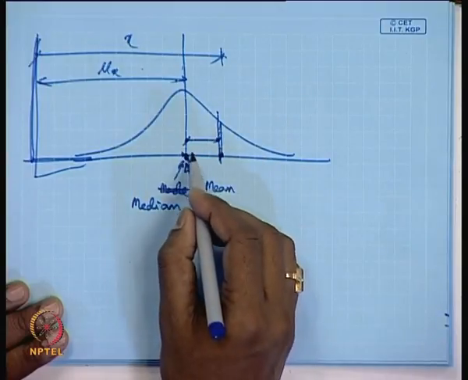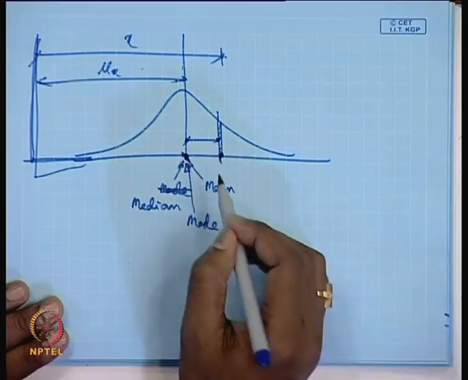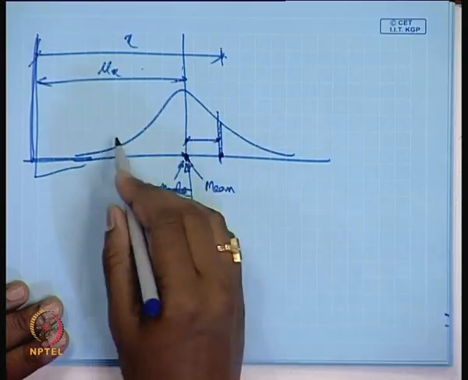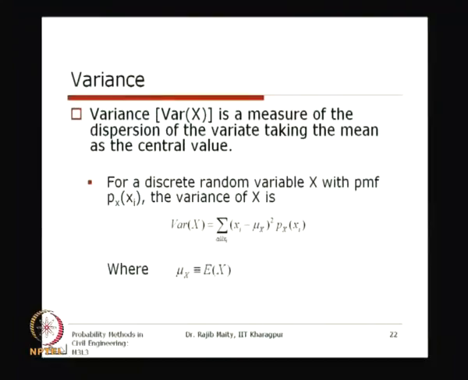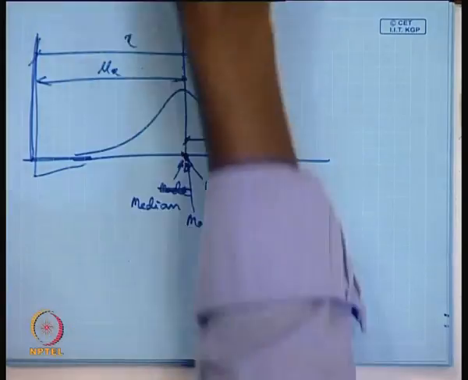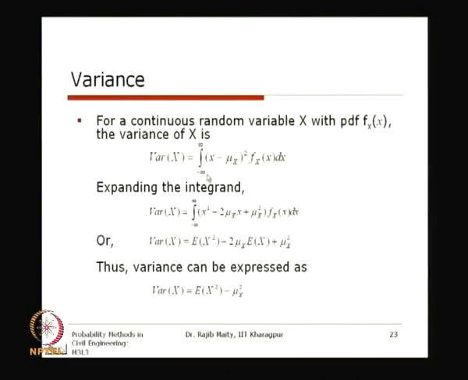For example, the second moment with respect to the mean gives you the measure of the dispersion, how it is dispersed around the mean. So, here this distance square multiplied by the density, that is fx multiplied by dx, the infinitesimally small area.